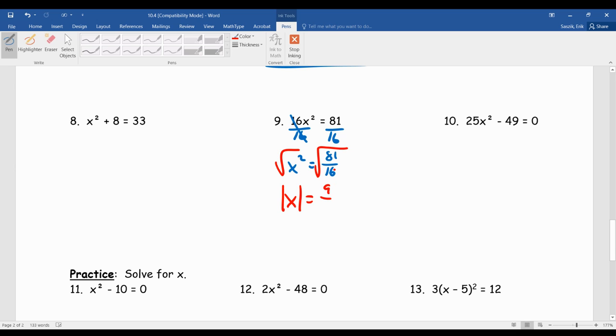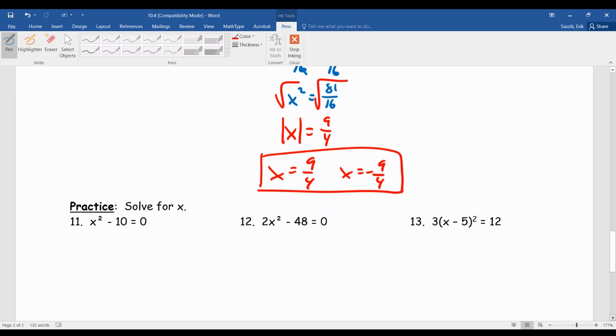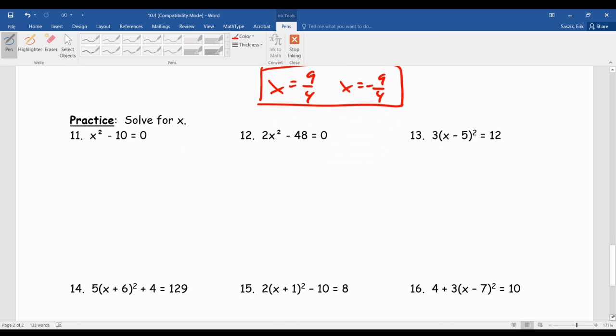Square root of 81 is 9. Square root of 16 is 4. So I get x equals 9/4 and x equals -9/4. So be on the lookout for those perfect squares. You should see the same thing for number 10. Try it yourself. I'm going to post the solutions on Canvas.